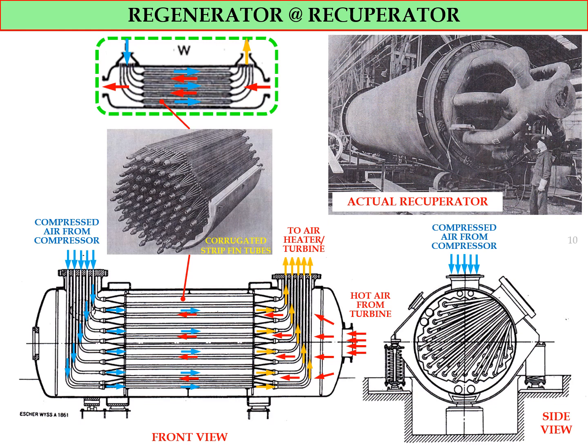So the temperature of this air is slightly higher than the compressed air from the compressor. Now the hot air from the turbine goes out of the shell of the heat exchanger. So this is the complete system of the heat exchanger, how the heat from the turbine is transferred to the compressed air from the compressor.